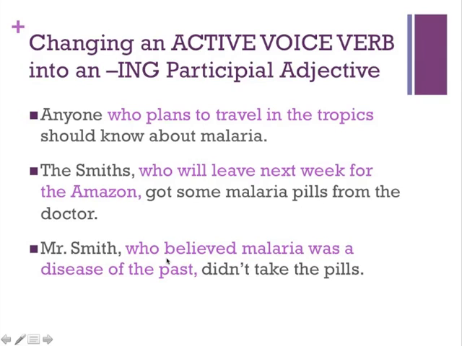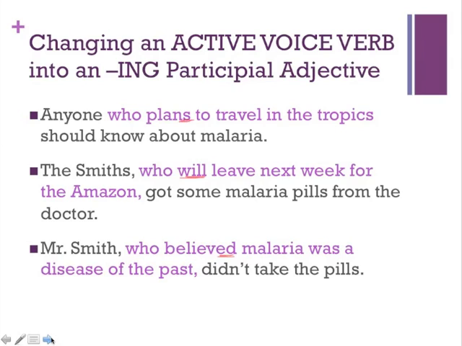Now again, notice how all of these are in the active voice. And of course, notice that one's in the present, one is in the future, and one here is in the simple past. Now again, remember, don't confuse past and passive. This last example is not a passive voice. It is an active voice verb. It's just in the past tense.